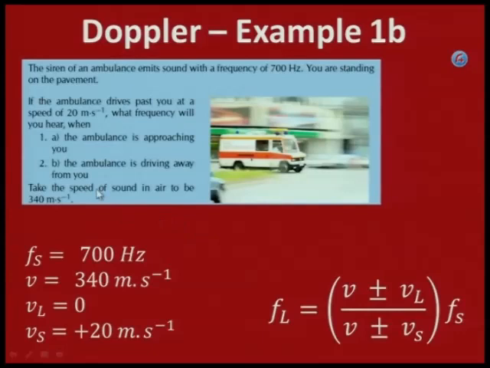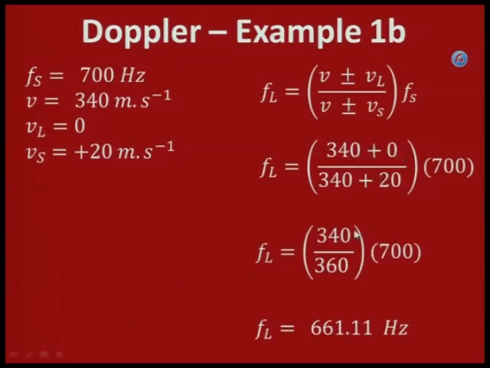Okay. For the second part of this question, the ambulance is driving away from you. All the information given is still the same, but now your sign of Vs is changing. Vs should now be positive if you look at your table again, because the ambulance is now driving away from you. So if we put the values in the equation, you have a positive 20 here.